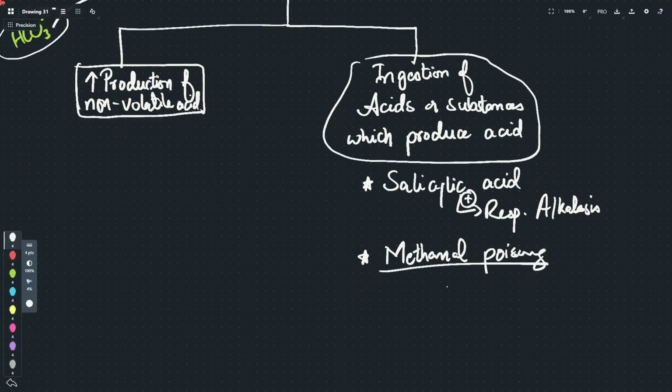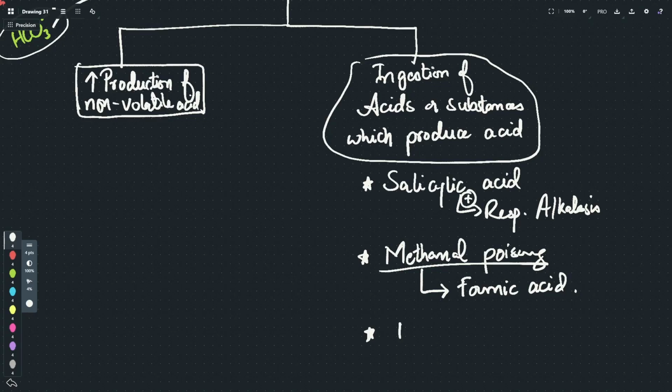Methanol toxicity can cause production of formic acid in the blood. Formic acid, of course, being an acid, can cause acidosis. Again, a breakthrough stuff, isn't it? Very logical.